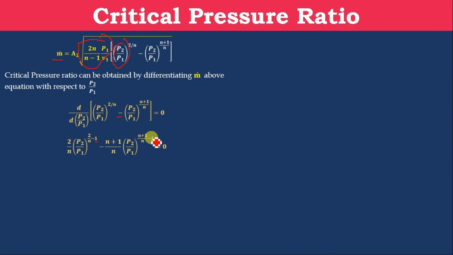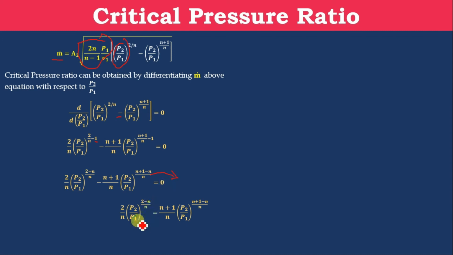This equation can be written as 2 divided by n P2 divided by P1 whole power 2 minus n divided by n minus n plus 1 divided by n P2 divided by P1 whole power n plus 1 minus n divided by n is equal to 0. Now take this one to this side.